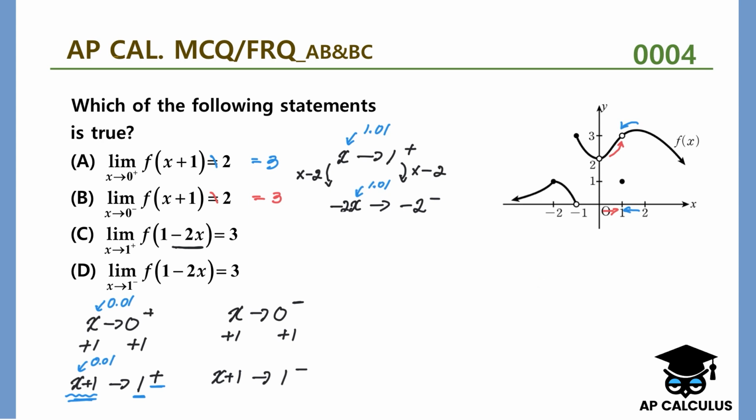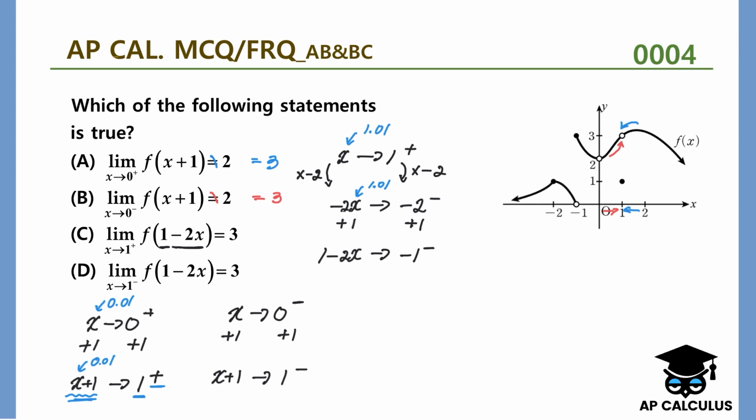Let me continue this problem. So we have negative 2x approaches negative 2 from left hand side, and here we have 1, right? So we have to add 1. Then 1 minus 2x approaches negative 2 plus 1, that's negative 1 from left hand side.